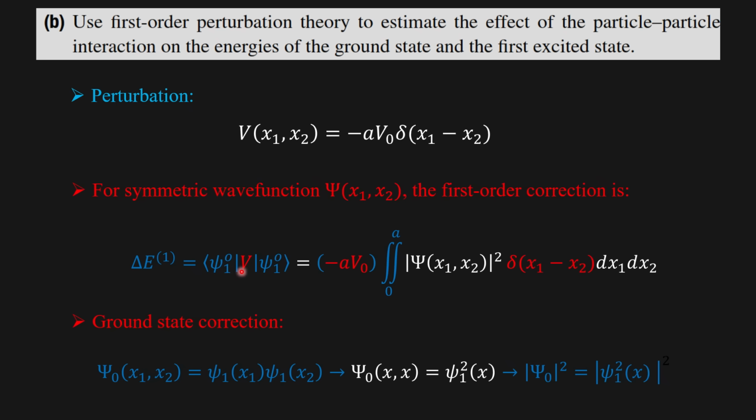So the perturbed potential is minus a V naught, because V naught, as given in the problem, is a constant, and a is also the box length.